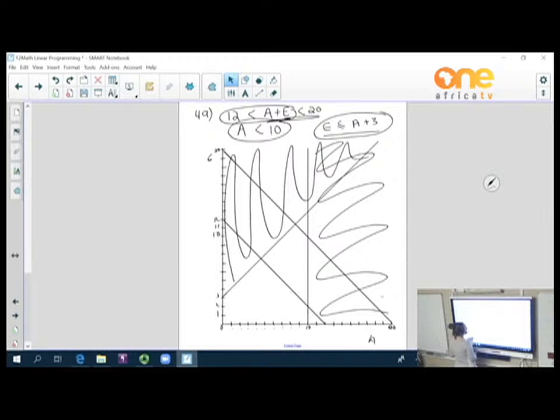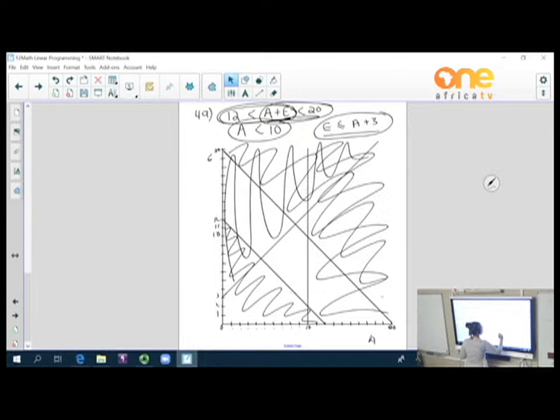Then Argentina and England is less than 12, so it will not be that part, it is more than 12. And then we have Argentina and England is less than 20, so they will not be more than 20. So this part will also be shaded. So the part that satisfies all of them will be this part here in the center. So yours should also look like that.